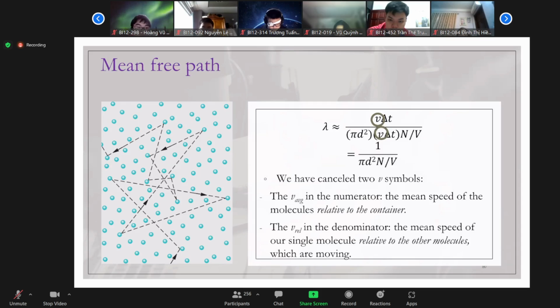We see that there are two things that we have cancelled, the speeds. But if we consider the movement of all the molecules, we see that the numerator is actually the mean speed of the molecules relative to the container.